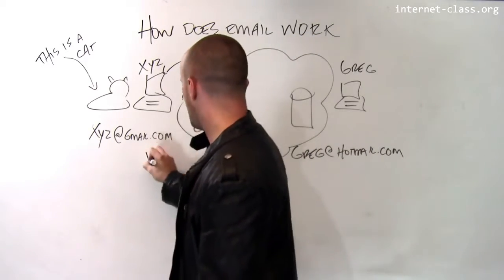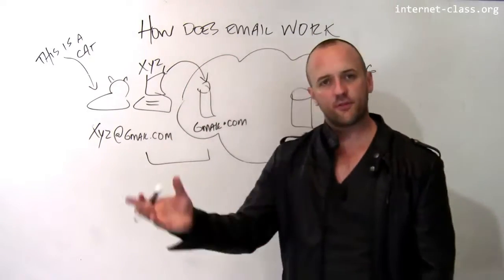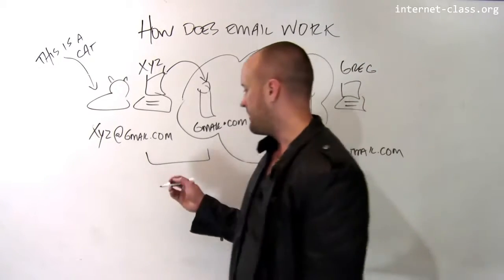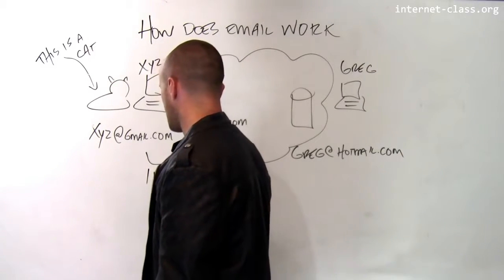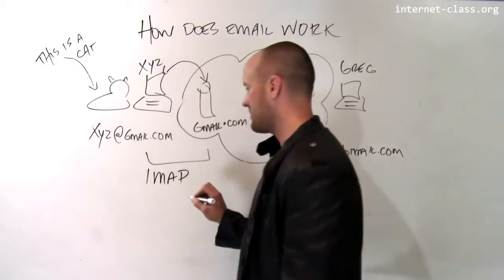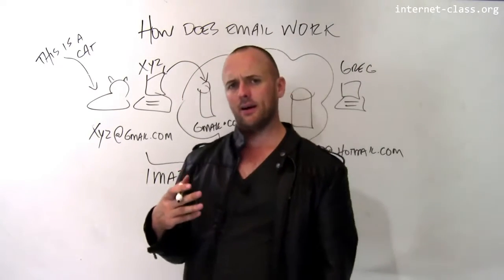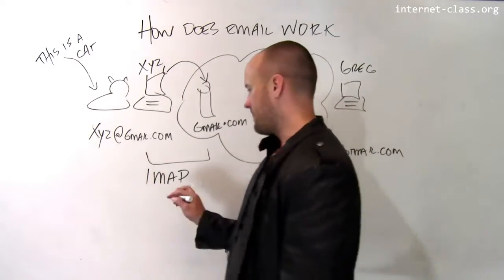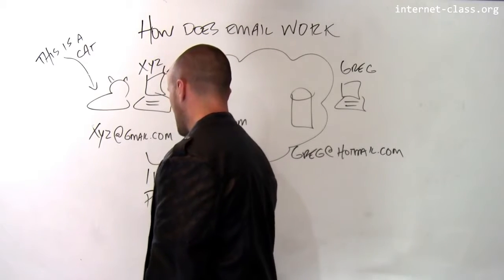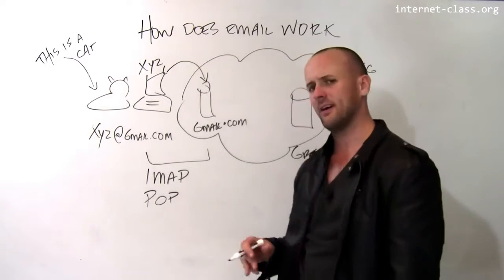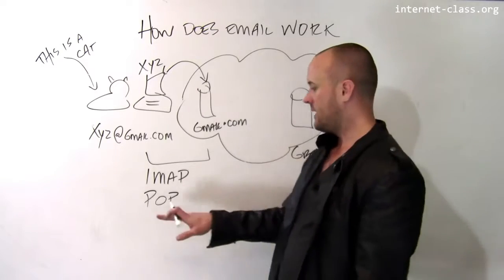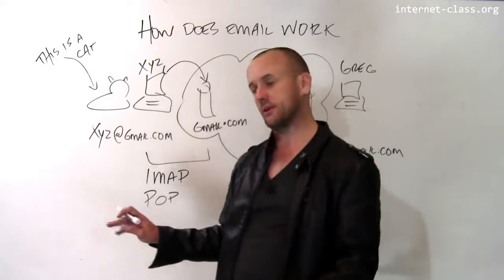For this part of the interaction, there are a number of different protocols that are used. You may have heard of some of them if you had to configure a mail client. One of them is called IMAP, the Internet Mail Access Protocol. Another one, an older version, is called POP, which is not only a funny name for soda, but stands for the Post Office Protocol.